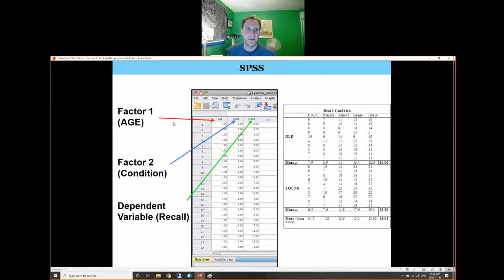In this example, they had a factor called age, which was just young and old, which they coded 1 and 2. And they had a factor called condition, which had values of 1, 2, 3, 4, 5. 5 conditions up here. And then they had their dependent variable in the next column. In this case, it was recall.